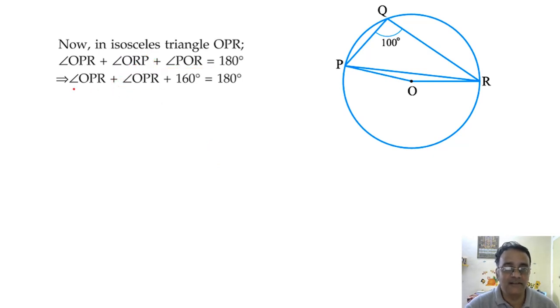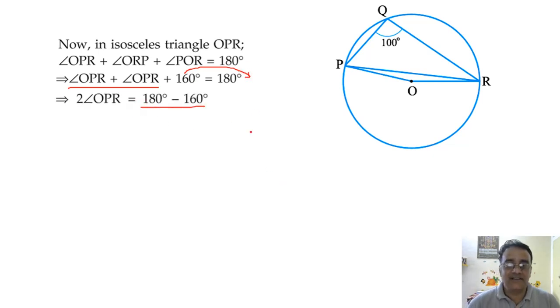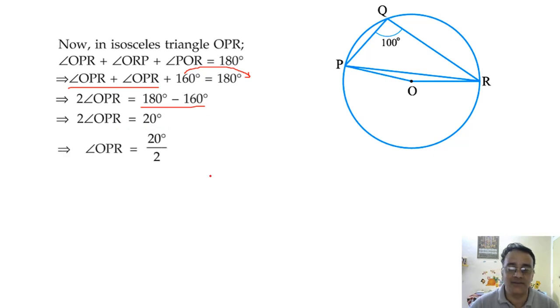And the value of angle POR we already got, 160 degrees. Is this step clear? Now what do we get? 2 times angle OPR is equal to 180 degrees minus 160. 180 minus 160 is 20. What is the final answer for angle OPR? 10 degrees. So 2 times angle OPR is equal to 20 degrees, and angle OPR is equal to 20 degrees divided by 2. So we get 10 degrees. This is the final answer.